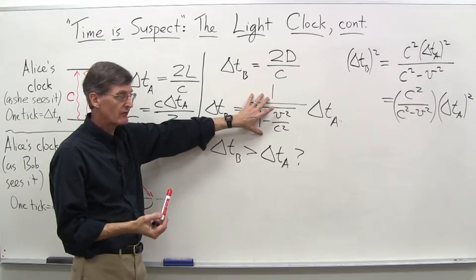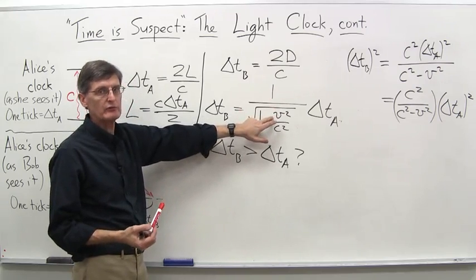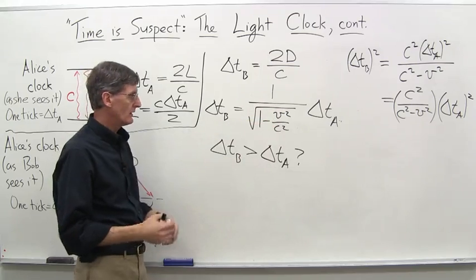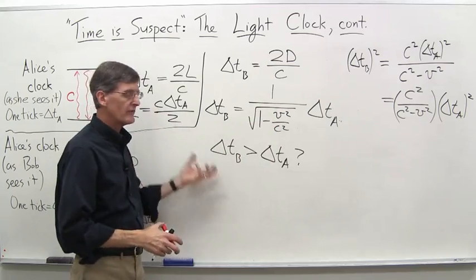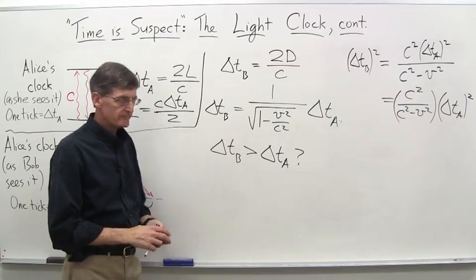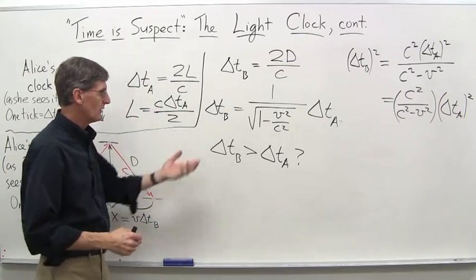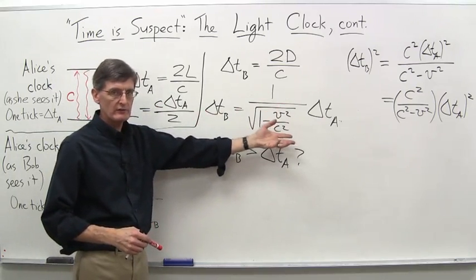But it's an indication from the mathematics that Alice's velocity can never be equal to the speed of light. In fact, we'll do more arguments later on this, essentially that nothing can travel at the speed of light because you get these contradictory situations, that delta TB equals infinite times delta TA.